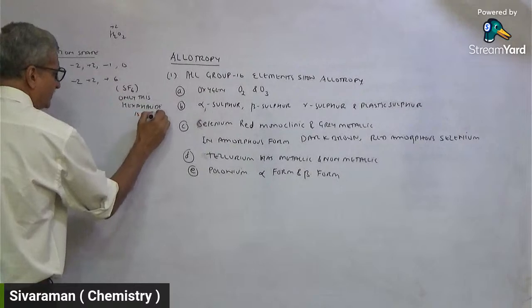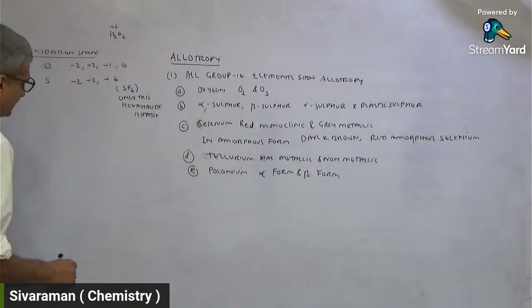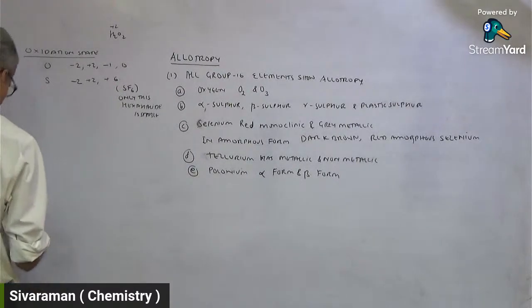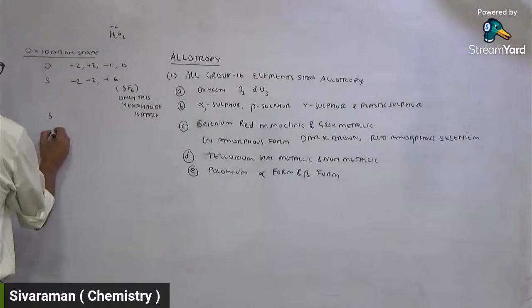That's very important. Okay. So sulfur hexachloride does not exist. It is clear. Only sulfur hexafluoride exists. Then what happens? We have selenium and tellurium.